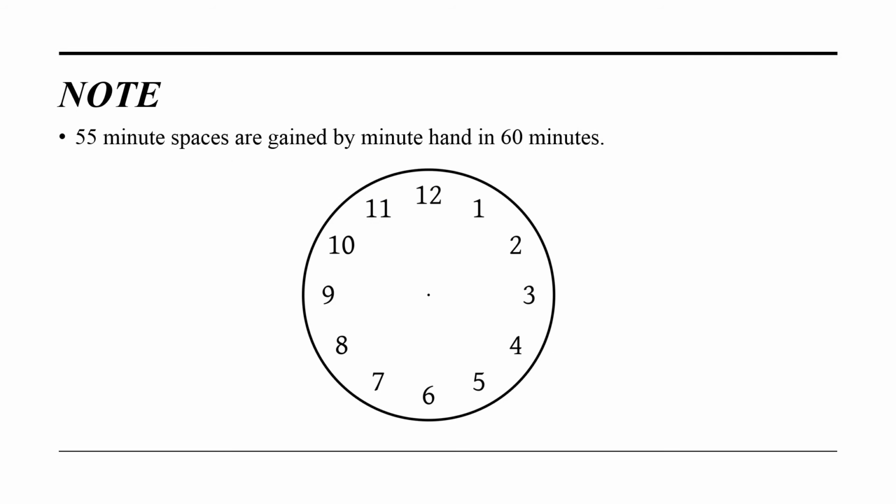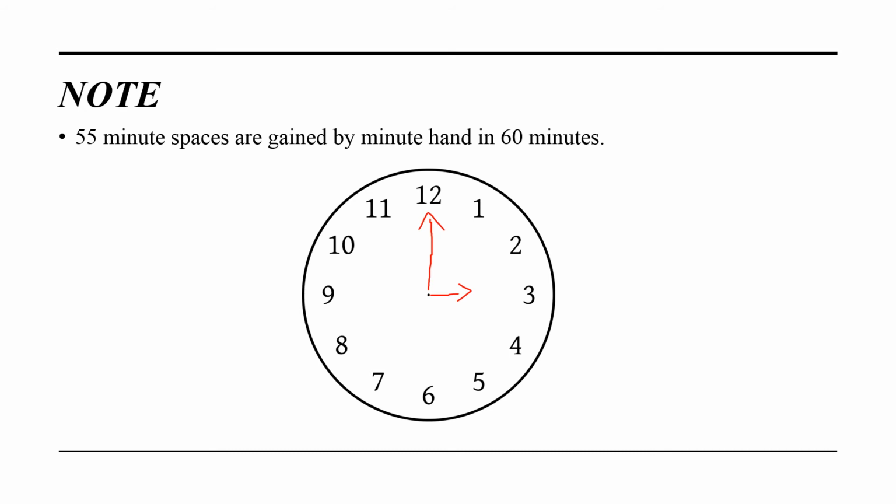For solving the following problems, we need to remember this note. The note is: 55 minute spaces are gained by the minute hand in 60 minutes. How will we get this? I will teach you with an example. For example, if a clock shows 3 o'clock, the hour hand points exactly towards 3 and the minute hand points exactly towards 12.